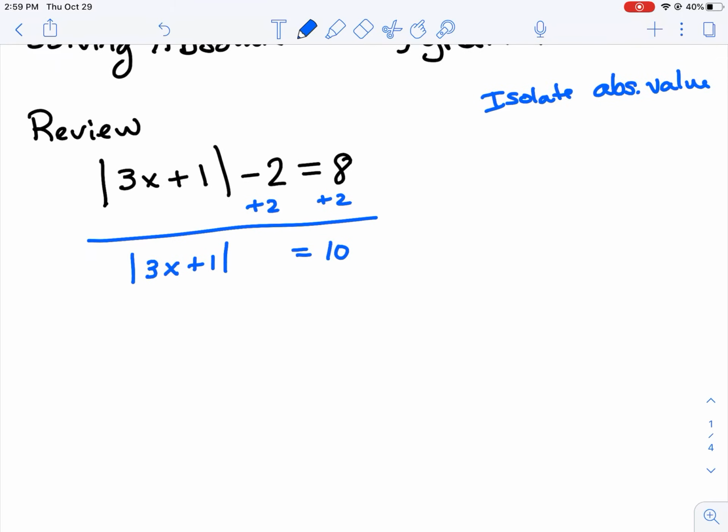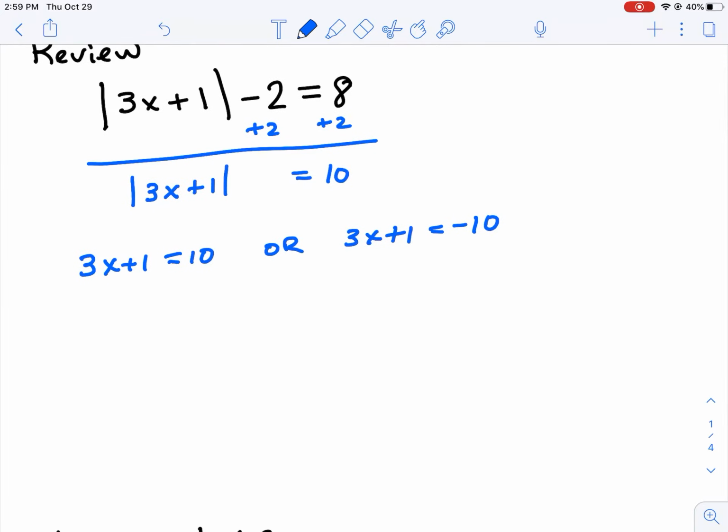Now, remember the inside, which is 3x plus 1, can either equal 10 or 3x plus 1 could equal negative 10, because the absolute value of negative 10 is also 10. So now we have our two parts. So we subtract 1, 3x equals 9, or x equals 3.